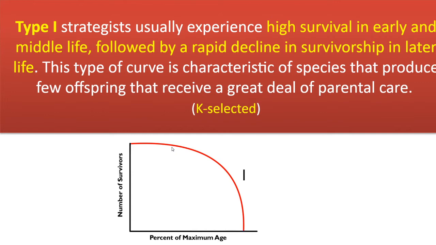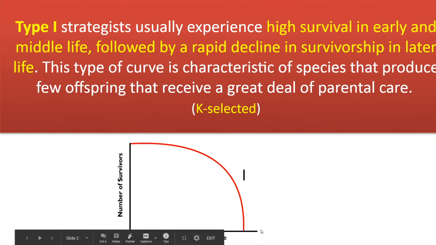It's generally one of the easiest ones to remember because this is human. We are a type 1 K selected species. We produce offspring relatively slowly. Our survival rate is real good until we reach the last quarter of our life, and then it tends to be less good.